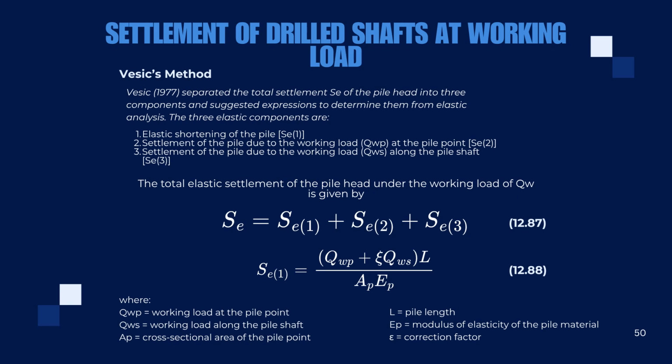Ap is the cross-sectional area of the pile point, L is pile length, Ep is the modulus of elasticity of the pile material, and epsilon is the correction factor.